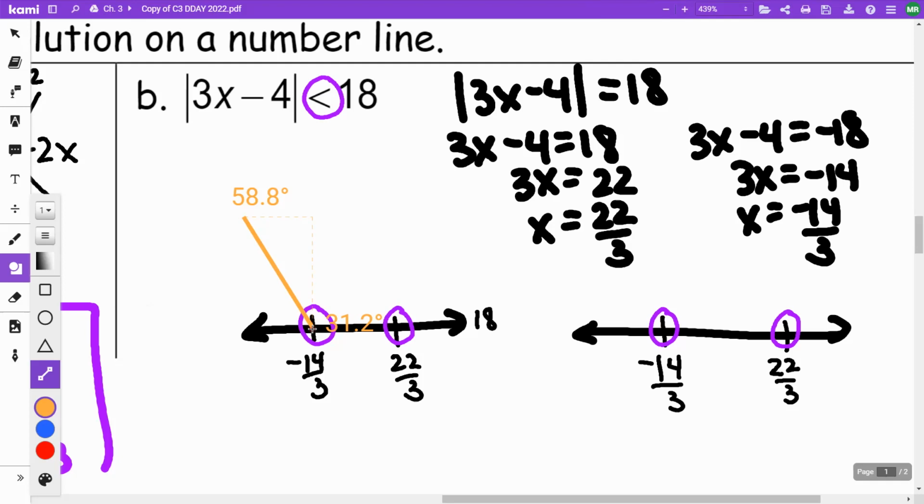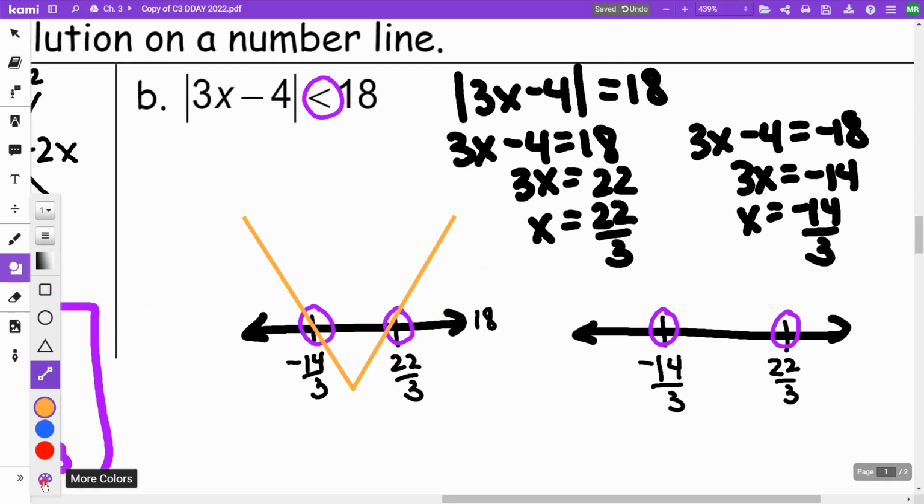Now I'm at the height of 18. As I'm starting here, I'm higher than 18. Now I'm at 18. Now I'm less than 18. And I'm going to continue less than 18, at 18, greater than 18.